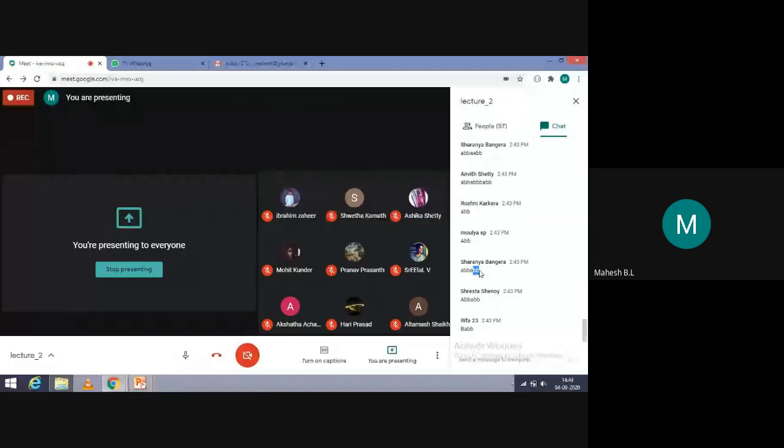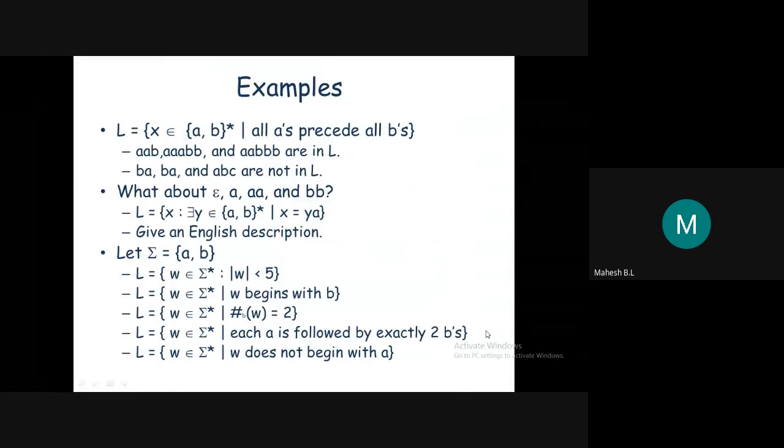Yes, that is correct. Similarly here, every A must be followed by two B's. This is a good example actually. Here it is beginning with B. There is an A. If A is there, it must be followed by two B's. Yes, all are right examples. So you have understood each A is followed by exactly two B's.